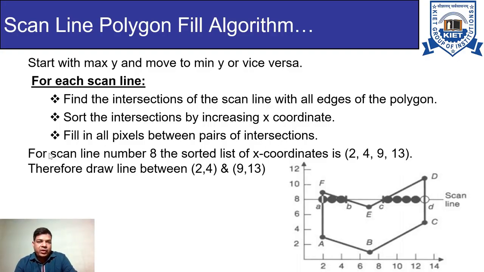So for scanline number 8, the sorted list of x coordinates is 2, 4, 9, 13. Therefore, draw a line between 2, 4 and 9, 13. That means activate all the pixels which are in between 2, 4 and 9, 13.